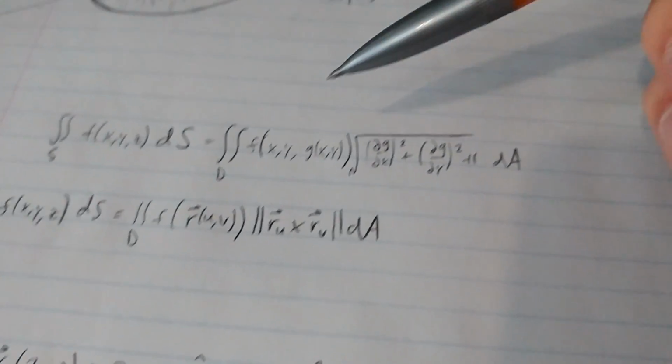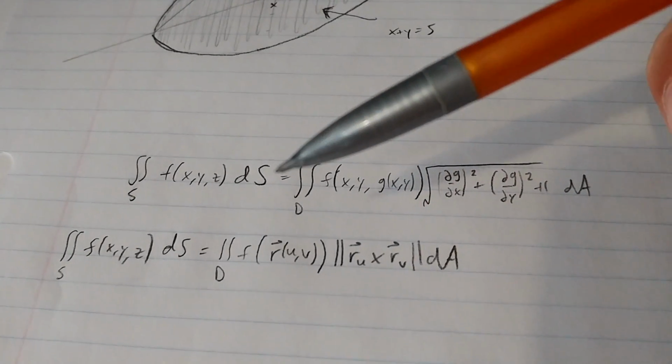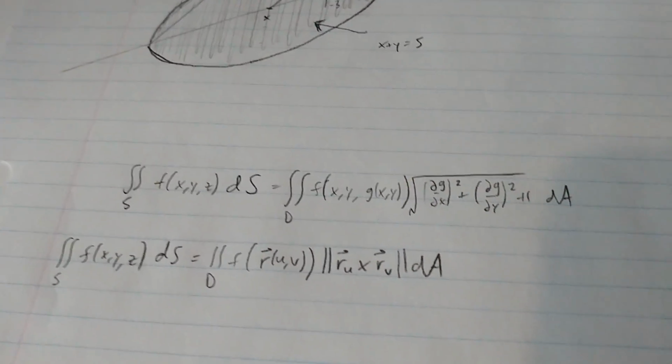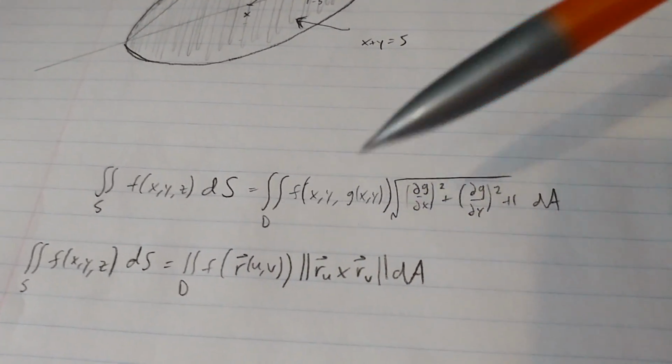Alright, so the last part, the cylinder. For this one, let's use the vector parameterization. So pretty much just write the function in terms of the other variables.